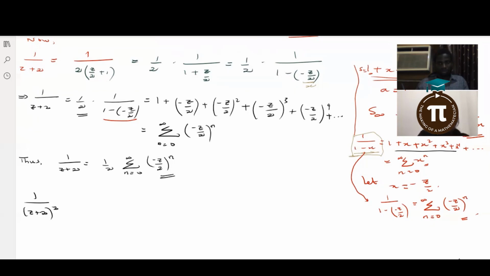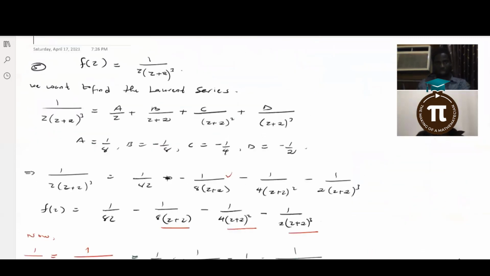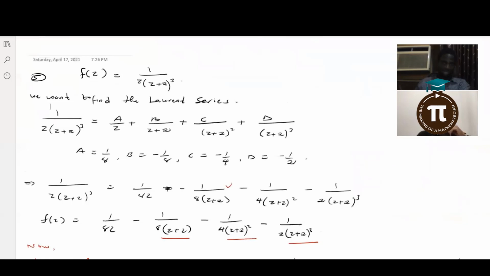But then you didn't do z, like 1/8 z. Oh, 1 over 8 Z. Let me go back. Look at what I'm doing.